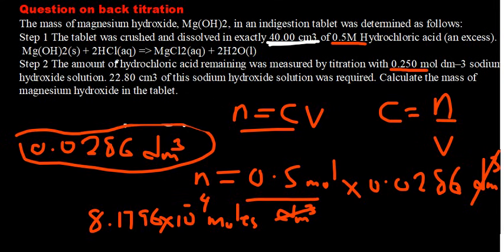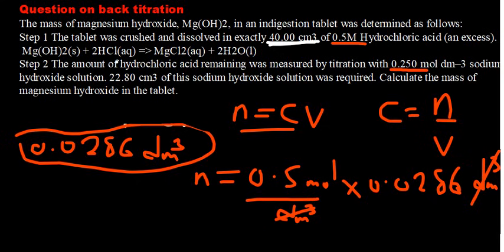We have 0.0286 multiplied by 0.5. Apologies, that wasn't supposed to be the answer, I punched that twice. It's supposed to be 0.0143. These are the number of moles that reacted in the first reaction.